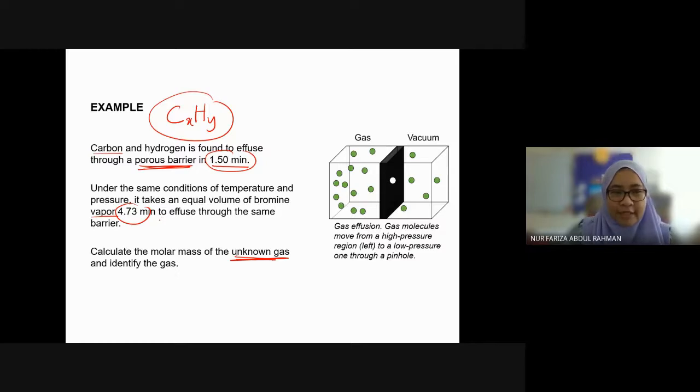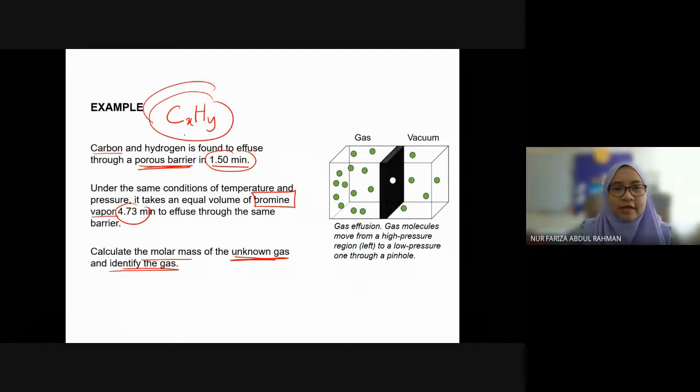Same condition, same volume, but the time taken is longer for bromine gas. We know the molar mass of bromine, so later we can compare. You have to calculate the molar mass of the unknown gas and identify the gas.